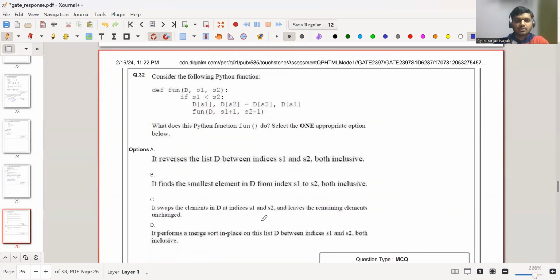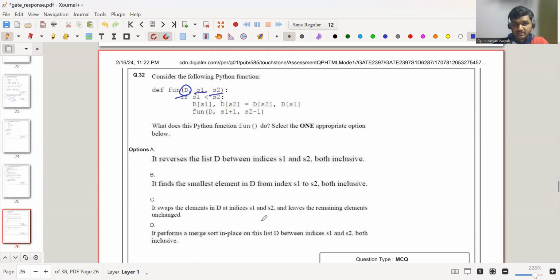Consider the following Python function. What does this Python function do? Select the appropriate option below. Here we define a dictionary function with S1, S2.